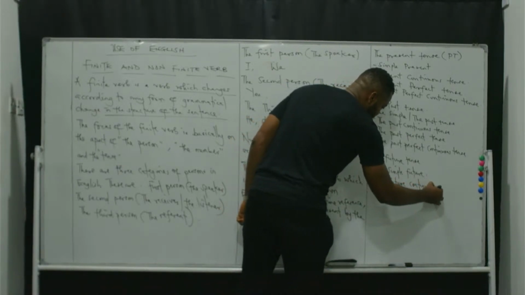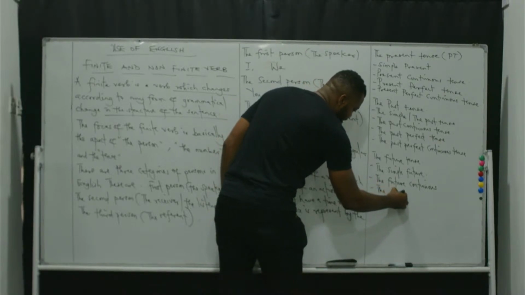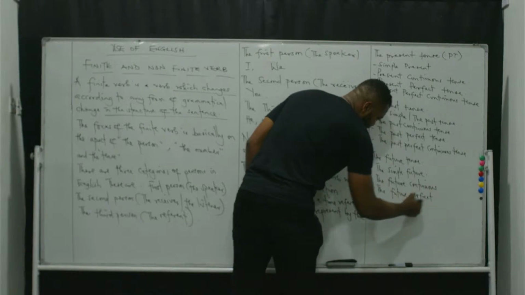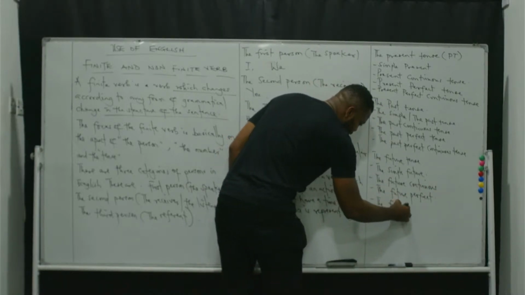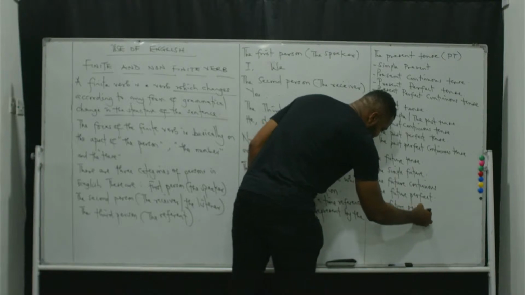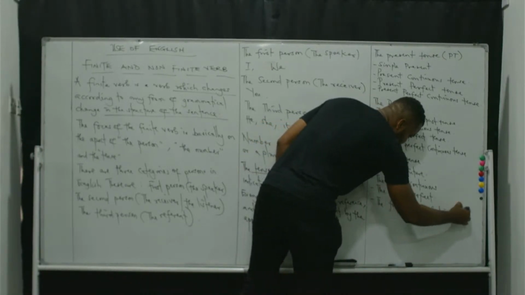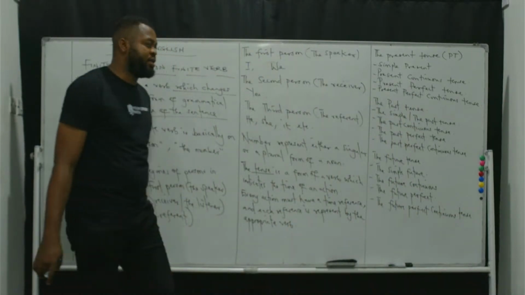Okay. All right. So you have the future perfect, and then the last aspect you have the future perfect continuous tense. All right. Now, please pay attention to this.